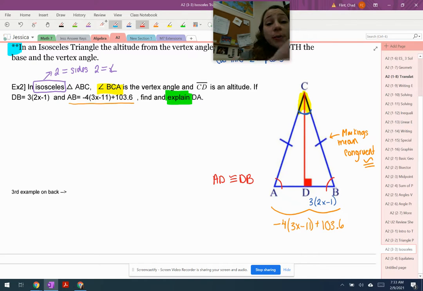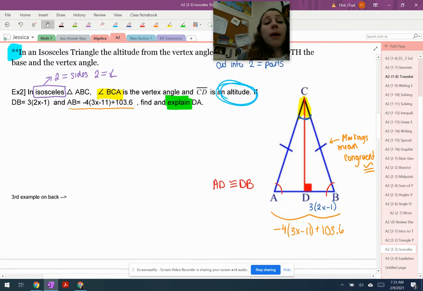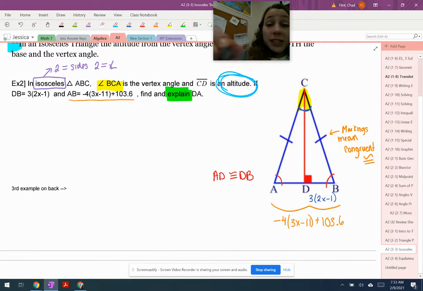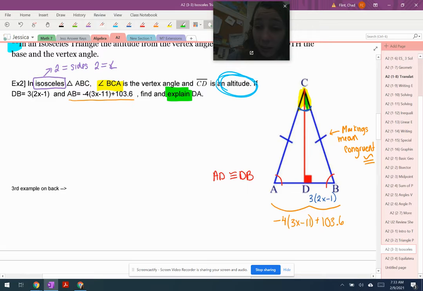The next super important keyword that we're seeing here is the fact that we have an altitude. And remember, in an isosceles triangle, the altitude from the vertex bisects the base and the vertex angle, which means that this little green angle is equivalent to that little yellow angle up there.